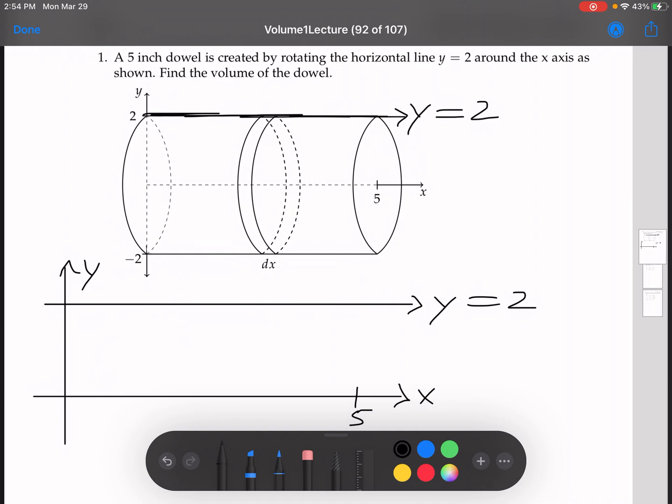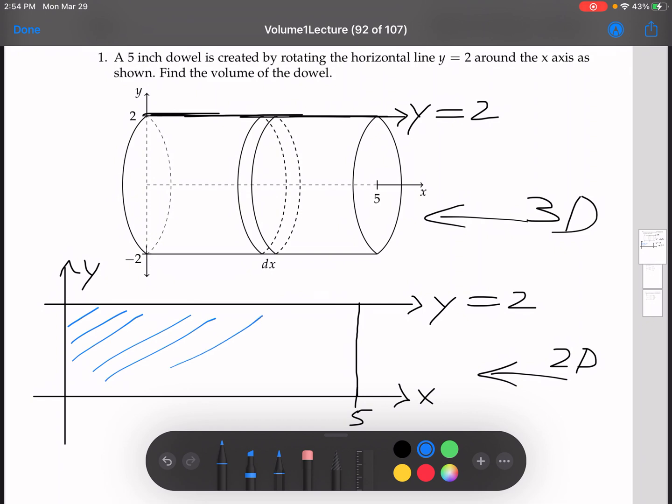Notice what I have right here is two-dimensional, and what I have right here is three-dimensional. The way we take the two-dimensional object and create the three-dimensional object is to think of this area here, which I'll draw in blue. We rotate this blue region 360 degrees around the x-axis.